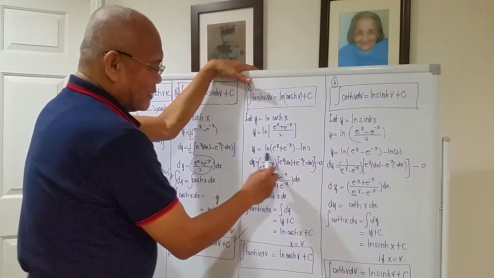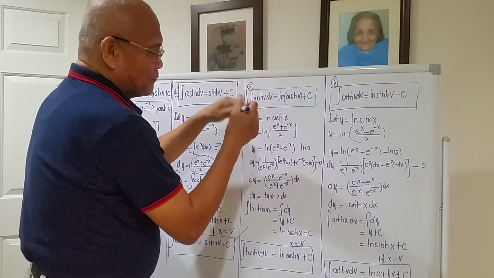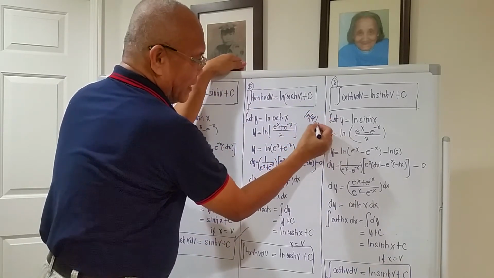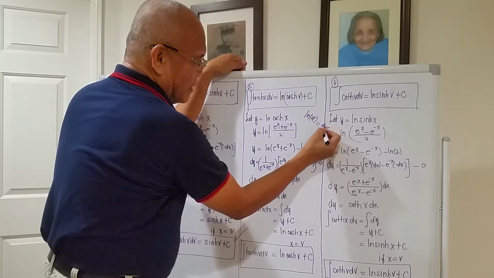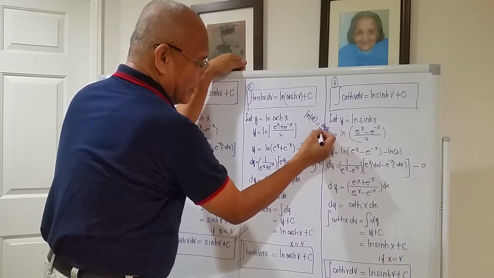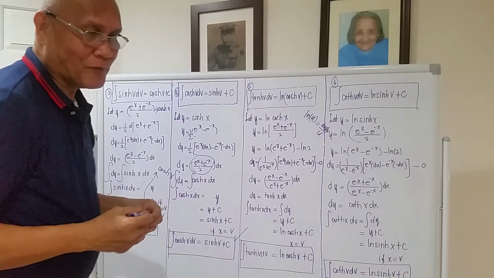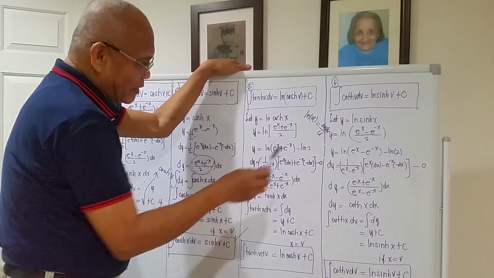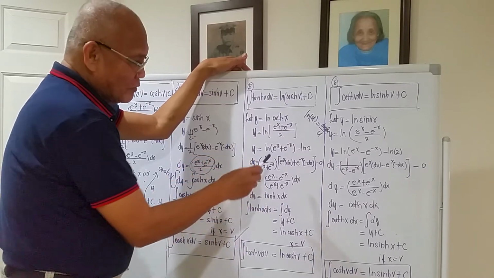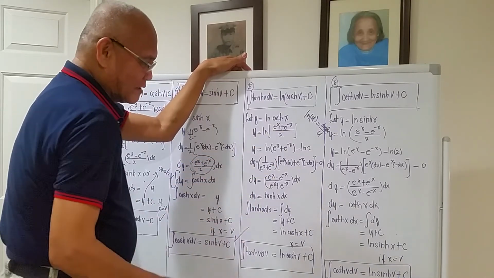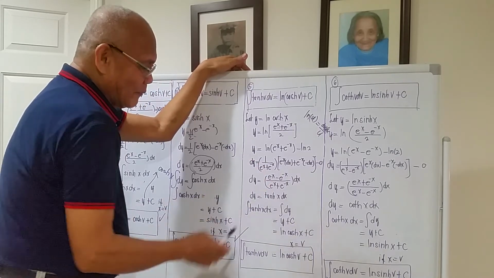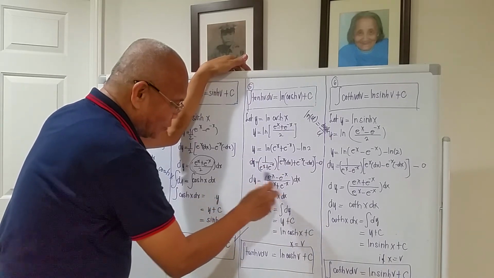If we take the differential of this, it falls under the natural logarithm of u, and it has du over u. Okay, that's one of the formulas under differentiation, right? So our u is a combination of e to the x plus e to the minus x. So this is 1 over e to the x plus e to the minus x times the differential of these two terms here.